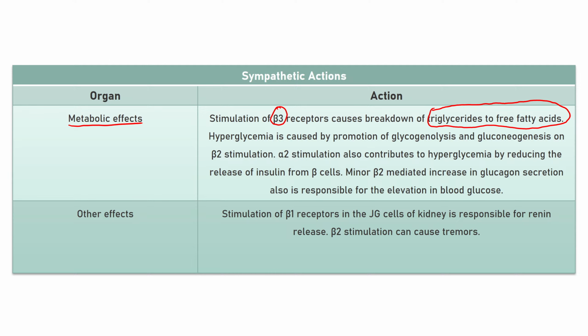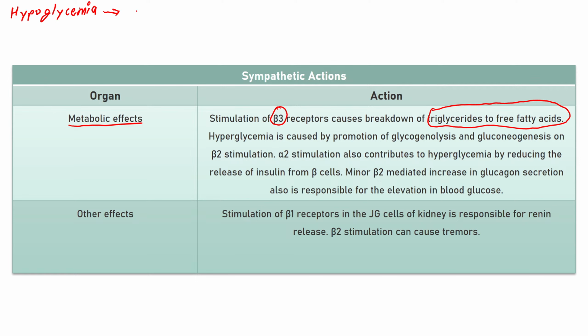Now for the other metabolic effects. Obviously hypoglycemia is also an emergency. It is also a life or death situation sometimes. So to counter this, our sympathetic system will be activated. To counter hypoglycemia, what do we need to do?